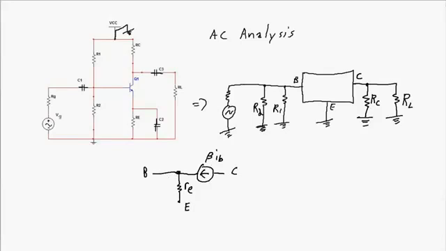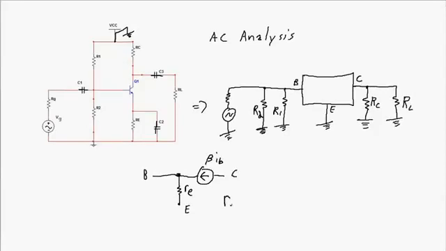So depending on the base current, depending on the beta, this current source is going to create that amount of current. And that little RE value is equal to 26 millivolts divided by the value of the emitter current, the DC value of the emitter current.